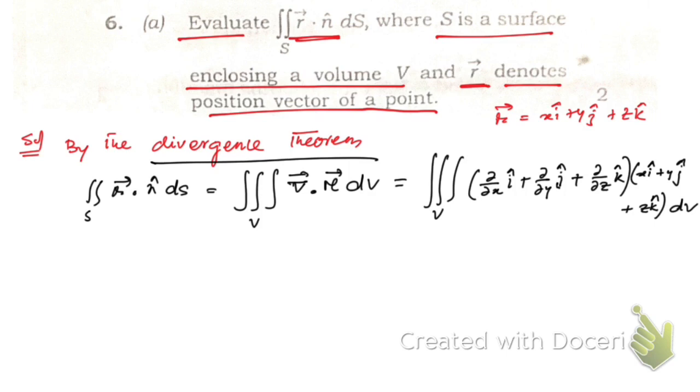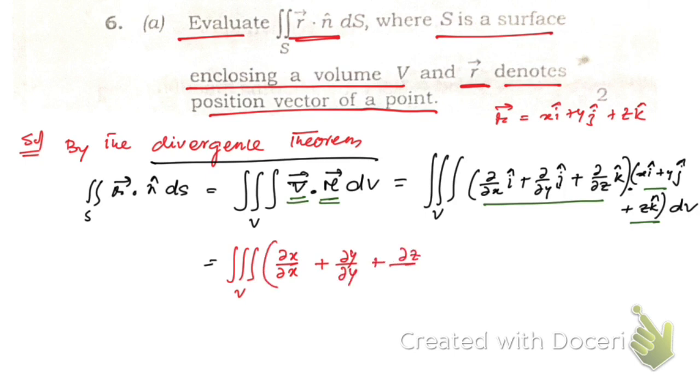Now you see what we're going to have here. If you take the dot product of these two, the del operator and the position vector r, then you will have the volume integral of del x by del x plus del y by del y plus del z by del z dv, right?